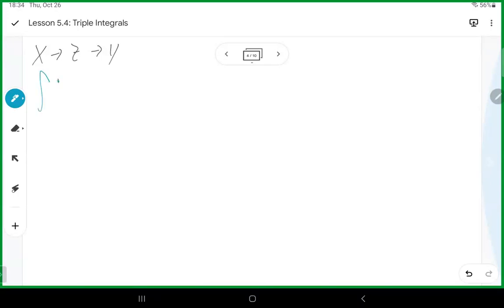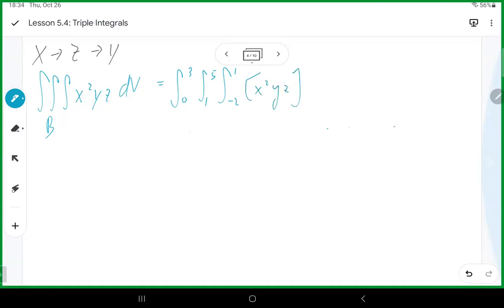So I will rewrite it here just in case you guys need it. So now it'll be 0 to 3, 1 to 5, and then -2 to 1, x squared y z, dx dz dy.